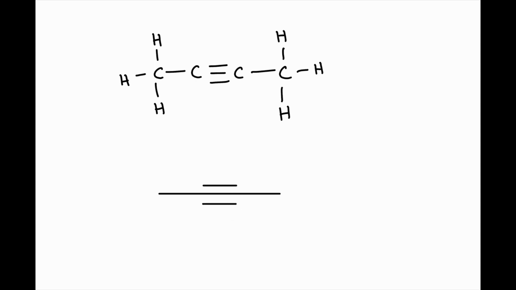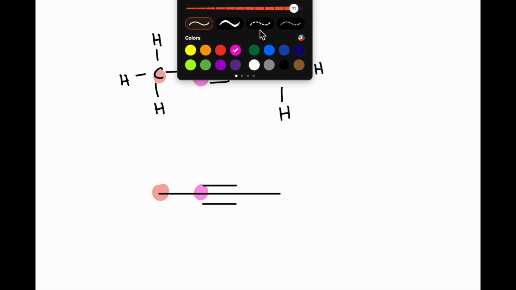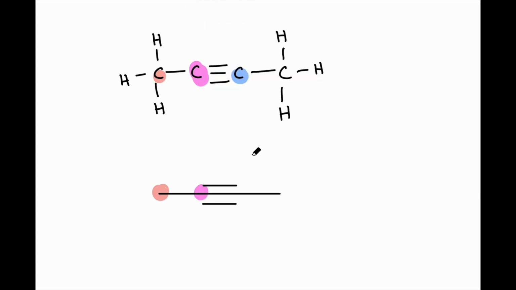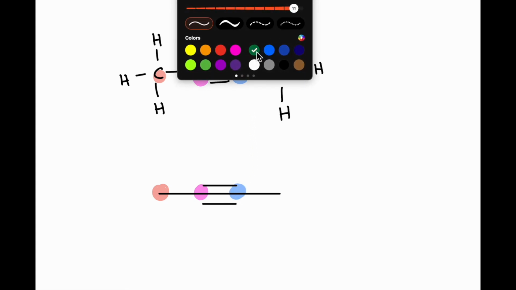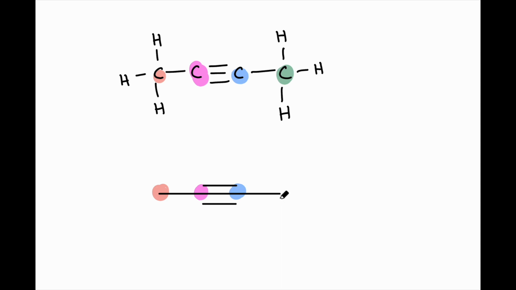So let's go ahead and show the different carbons that are on here. So this carbon here is this point. This carbon here is this point. This one, this point. And lastly, this carbon is this point.